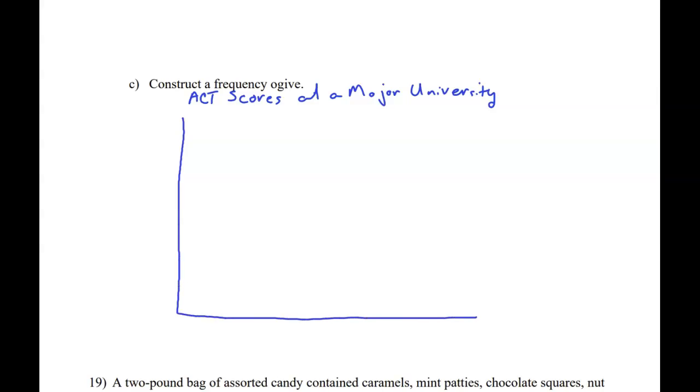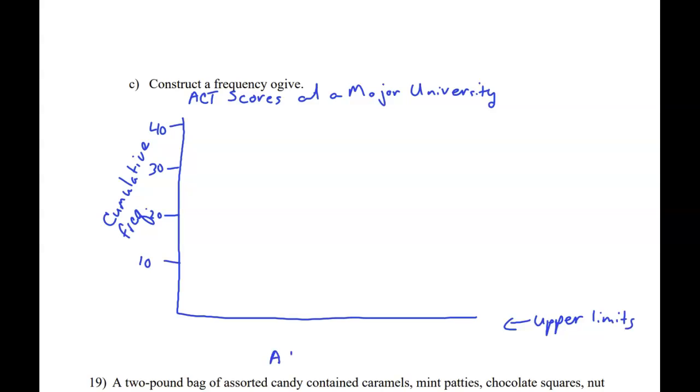The difference here is with an ogive, you're using cumulative frequency. You can use cumulative relative frequency, but you're using the cumulative here. So that means that we have to go all the way up to 40. So we're going to have 30, 20, and 10. Okay. And then along here, we're going to use strictly those upper limits.